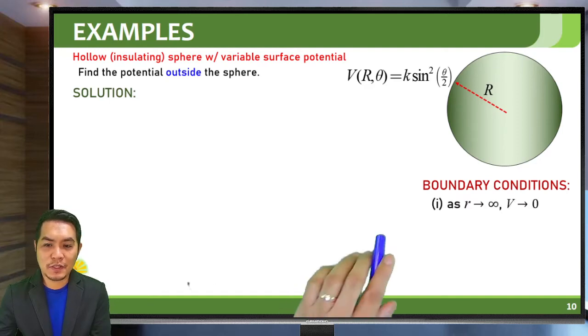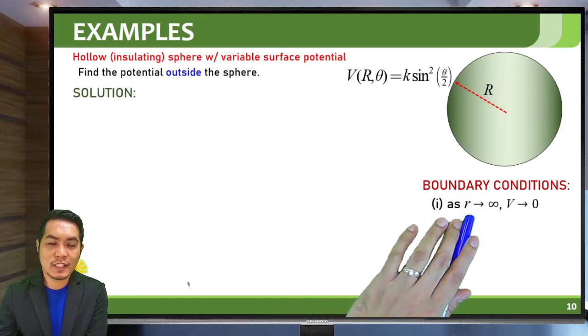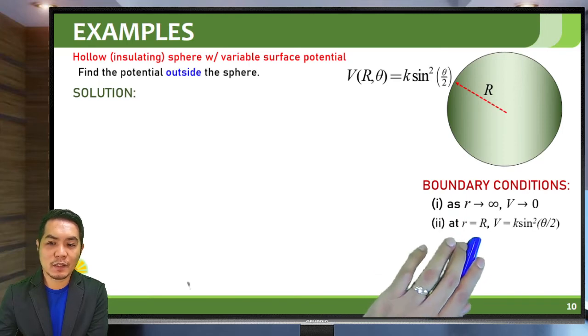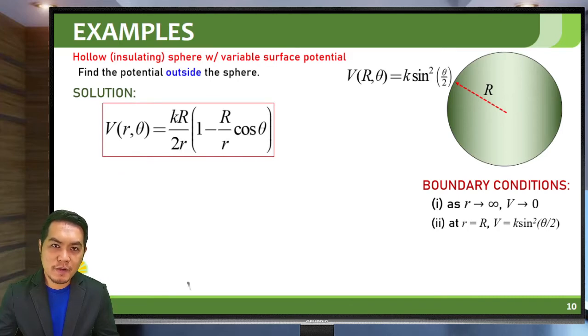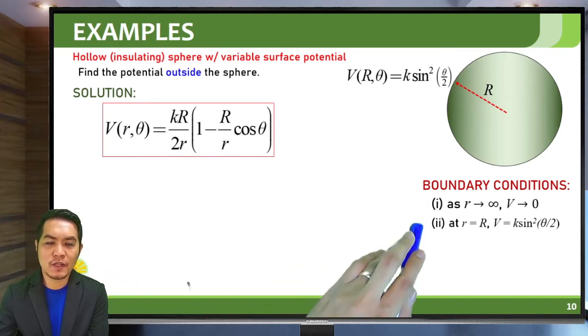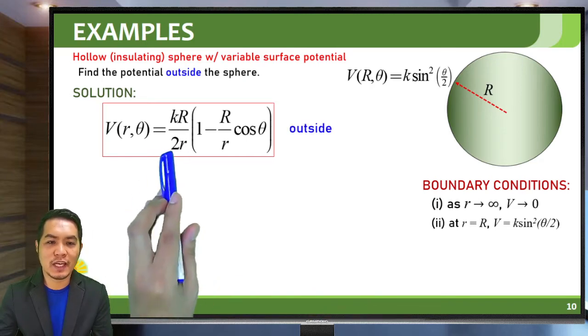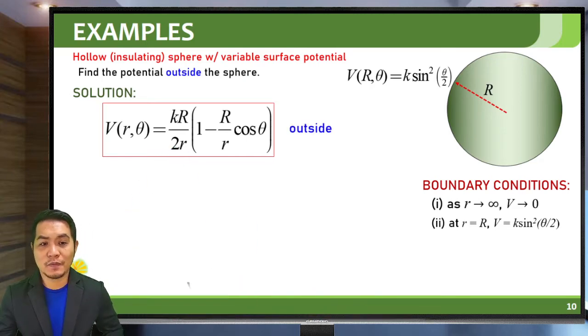The boundary conditions are now as r approaches infinity and at r is equal to R at the surface. So we still use the same general solution. We apply the boundary conditions to that general solution and we get this value. So this is the potential outside. I will leave this as an exercise for you.